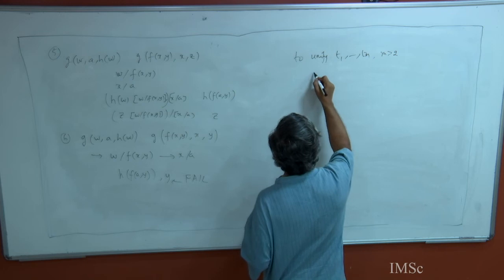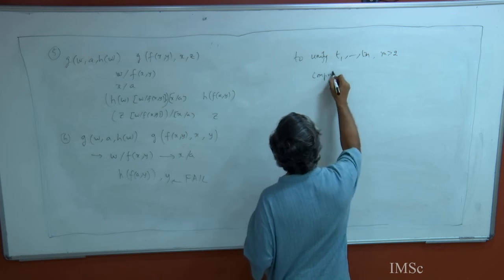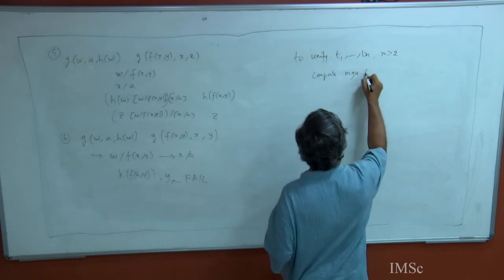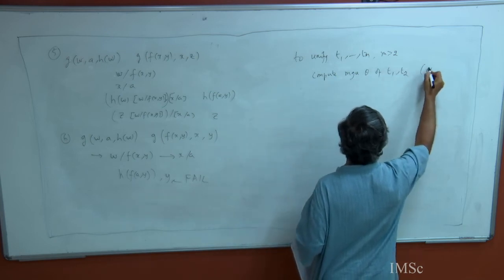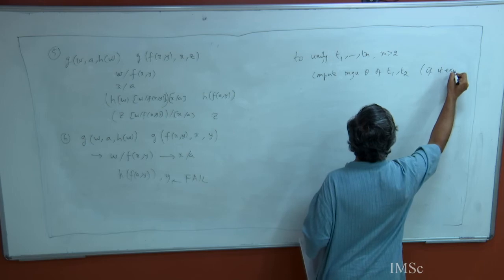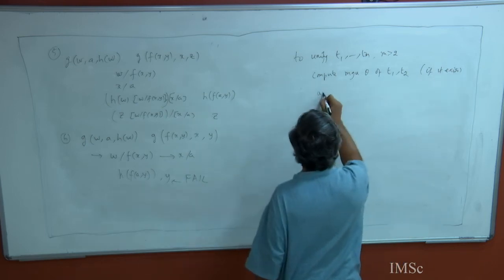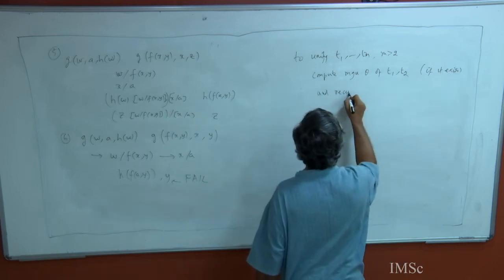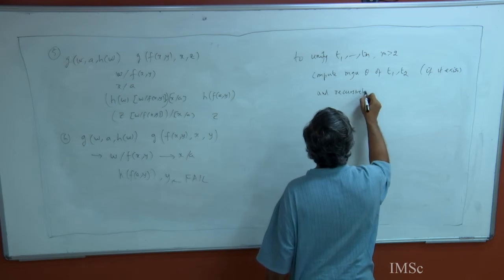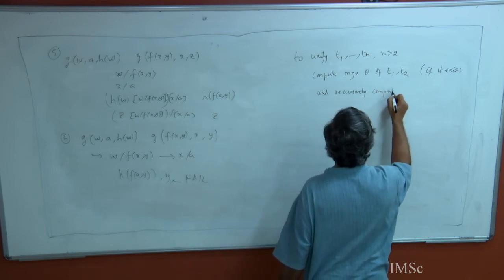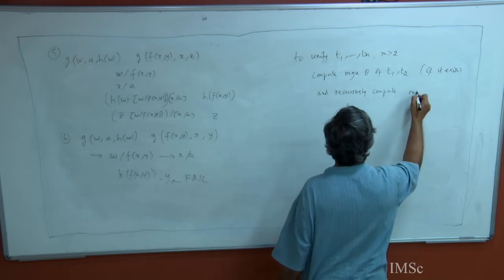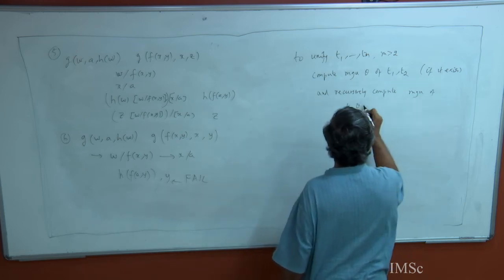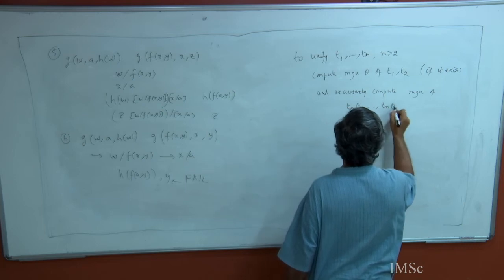First compute the MGU of T1 and T2, of course if it exists, and then recursively compute the MGU of the remaining terms with theta applied.